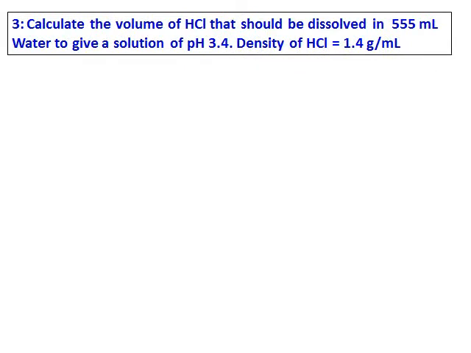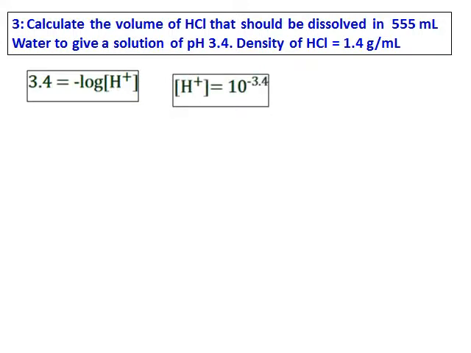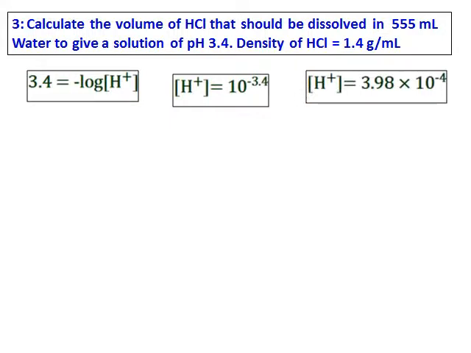Calculate the volume of HCl that should be dissolved in 555 milliliter of water to give you a solution of pH 3.4. Density of HCl is 1.4 grams per milliliter. Okay, so as always, using the pH, calculate the concentration of hydrogen ion, 10 to the power of negative 3.4, and I get the value of hydrogen ions as 3.98 × 10 to the power of negative 4.